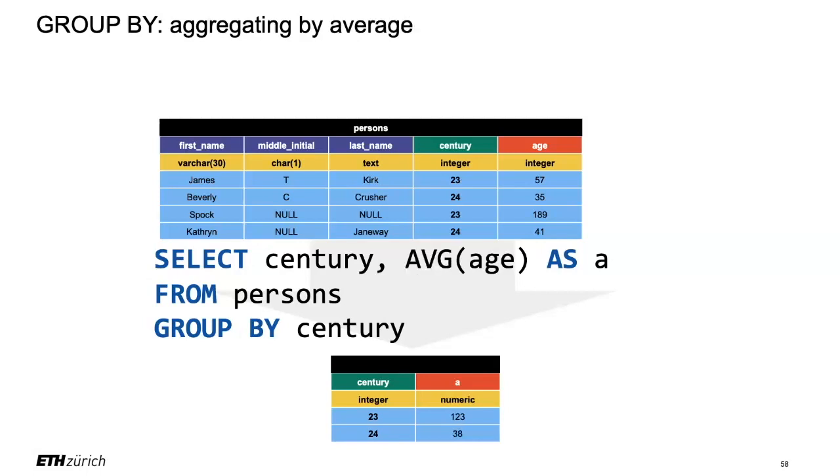Now something happened here. I'm computing the average of two integers, and I'm getting a numeric. Numeric basically accepts decimal numbers, right? That's the type for decimal numbers. Why, when I compute the average of integer, why did we change the type to numeric? Anybody can guess? Why did we change the type here? Yes?